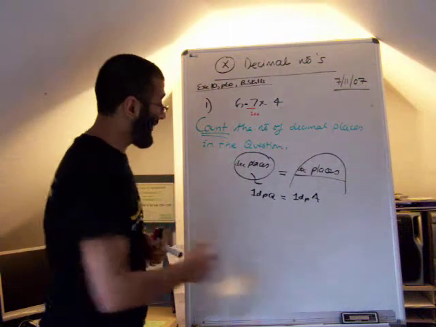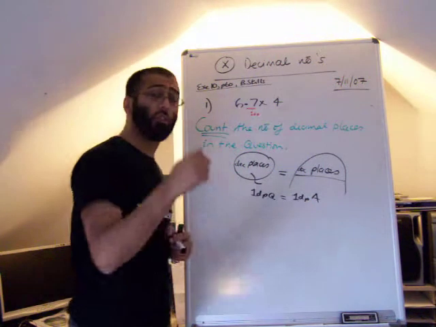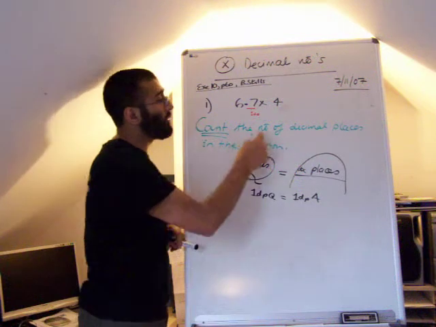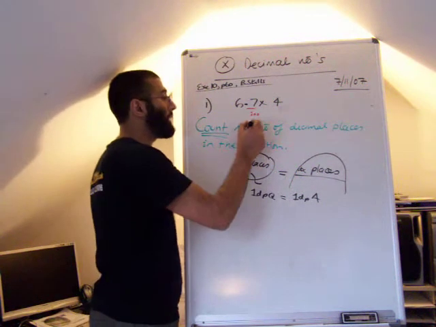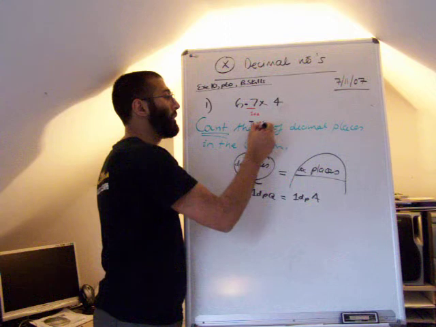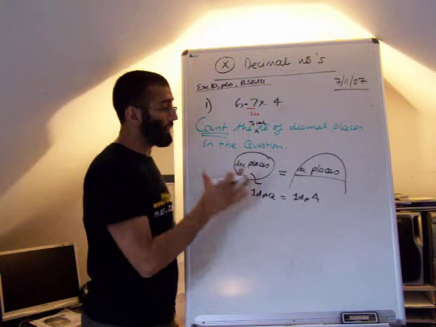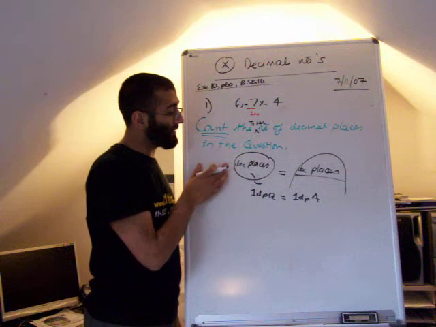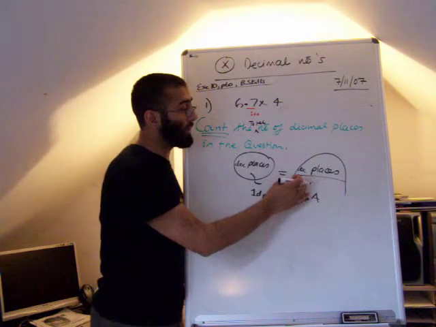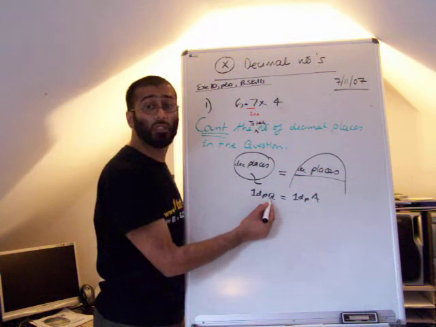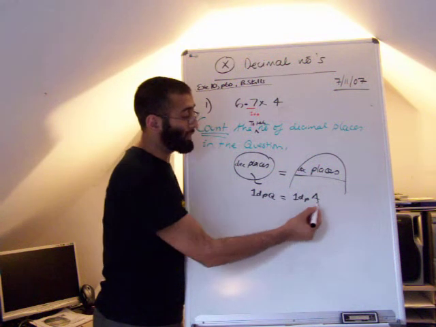That's the rule that helps us put the decimal point in the right position in the answer. So, count the total number of decimal places in the question, and the number of decimal places in the question will be equal to the number in the answer. In our example we had 1 decimal place in our question, which means we'll have 1 decimal place in our answer.